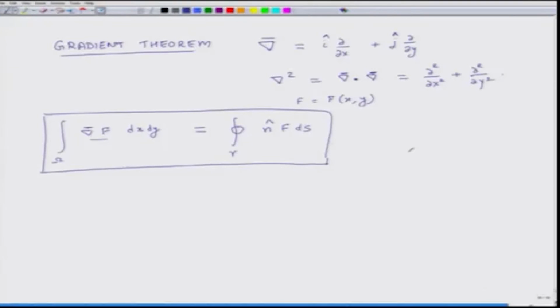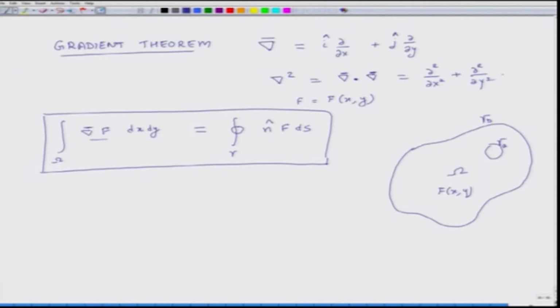So, we will explain this. Suppose this is my domain, and this is the boundary. Maybe there is another inside boundary. So, this is boundary A, this is boundary B. What the gradient theorem says is that f is present in this domain at all points. Let us say it is a temperature function.